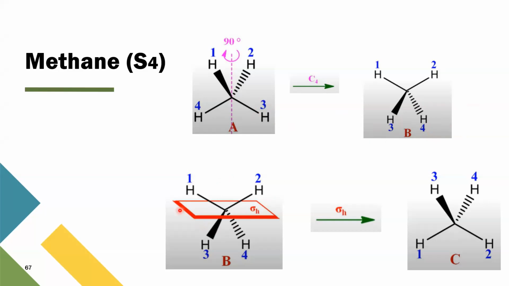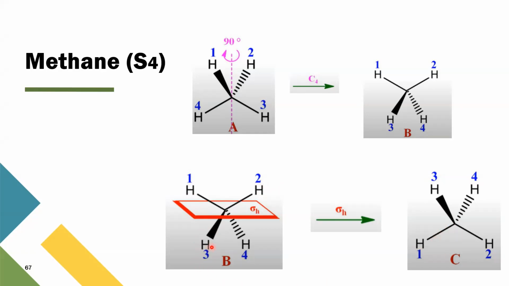After that, you do a reflection perpendicular to that rotation axis. So you keep a mirror and then get the reflection. These two are on the plane of the paper, so no issue, they will appear like that.